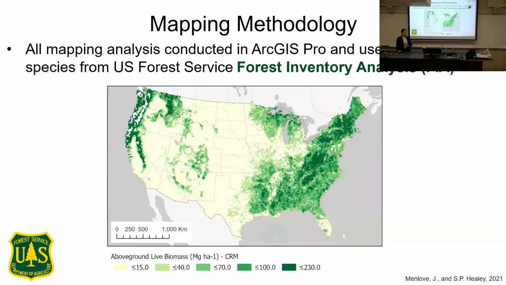Now moving on to our mapping methodology. All of our mapping methods were done using ArcGIS Pro, and we used available forest inventory analysis data from the US Forest Service. I'm just highlighting the map of the above ground live biomass from this US Forest Service forest inventory analysis data set.